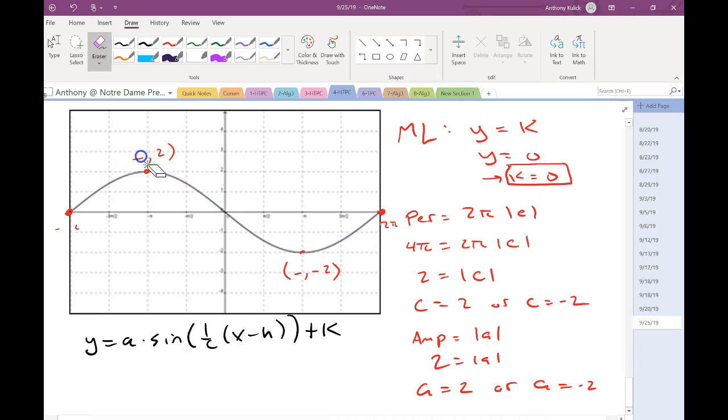Now, what I'm going to do is figure out both the sign on A and C as well as the value for H. How I'm going to do that is I'm just going to look at my parent function, in this case, the graph of sine of x. Okay with that plan?